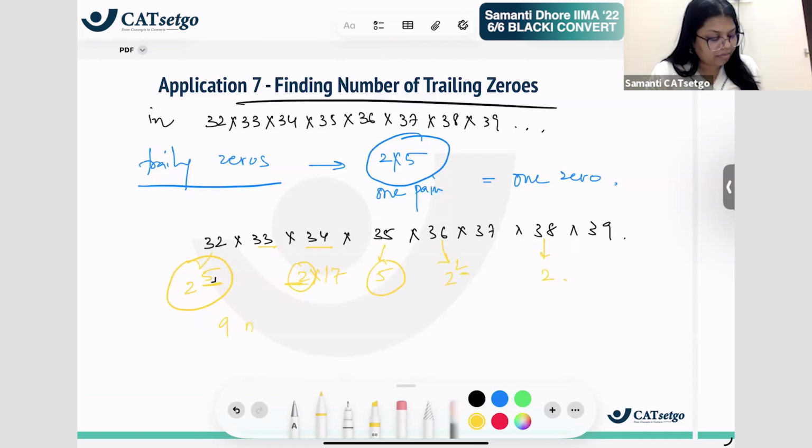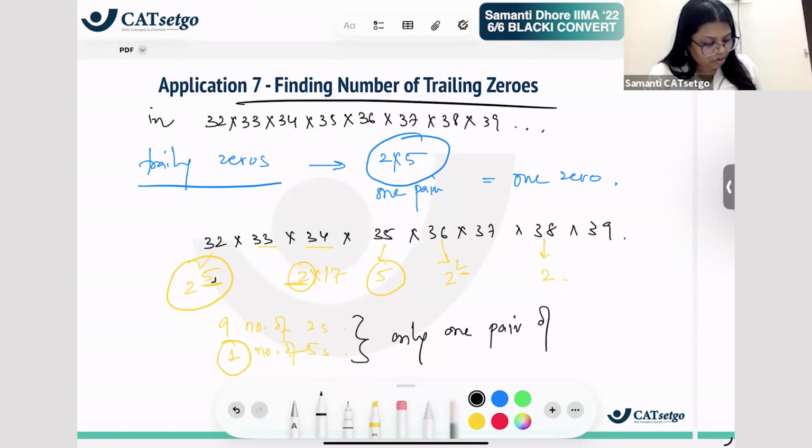We have 9 2s and we have 1... एक ही 5 है हमारे पास. So considering this, we know only one pair of 2 into 5 will be formed, right? Therefore, only one trailing zero.